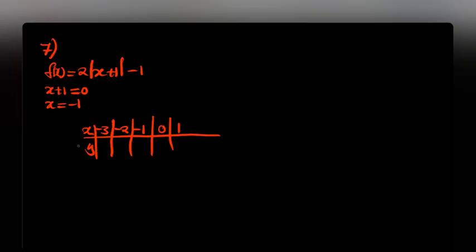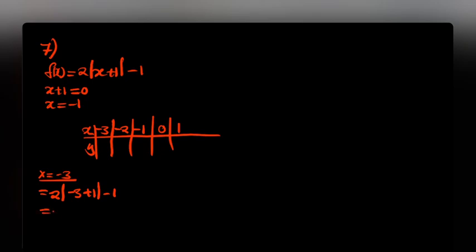So when x is -3, let's see the value of y that we get for f of x. We have 2, then the modulus of x plus 1. Where there is x, we put -3, then plus 1, then minus 1.